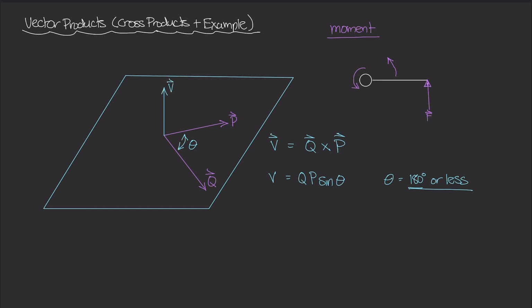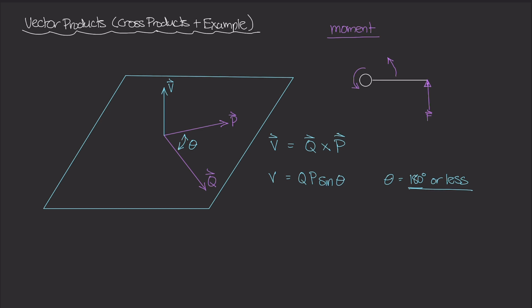So this is going to be v right here. Now, if we switched these two vectors and asked what p cross q is, then the direction of v is actually going to be downwards. This will make sense in the following video, but I just wanted to give you what the direction would be, and then I'll explain why in the next video.